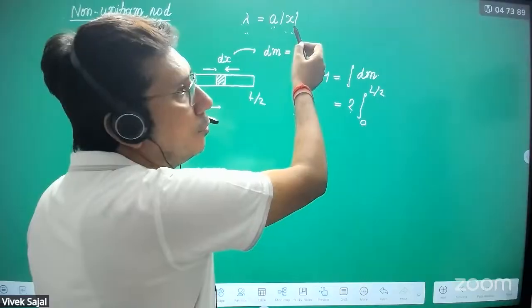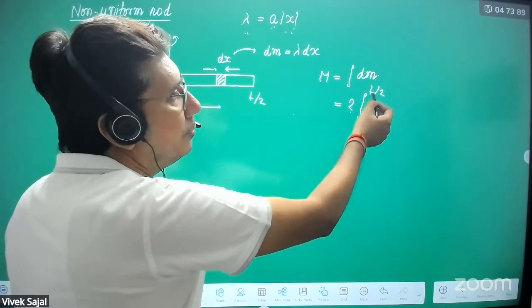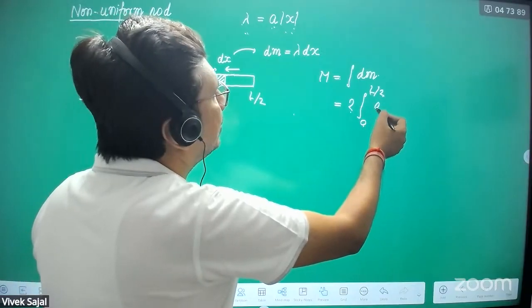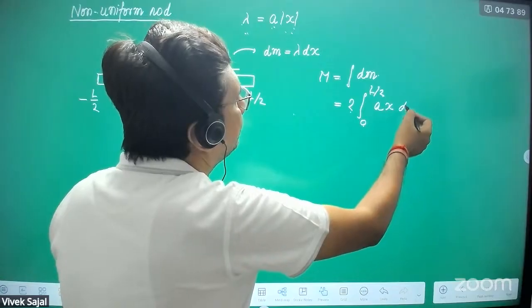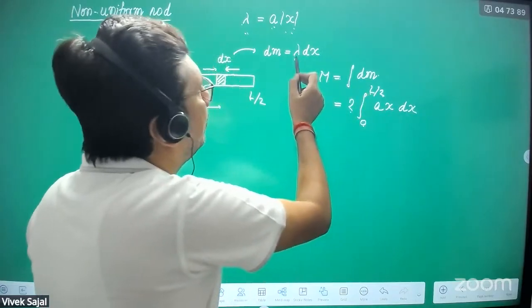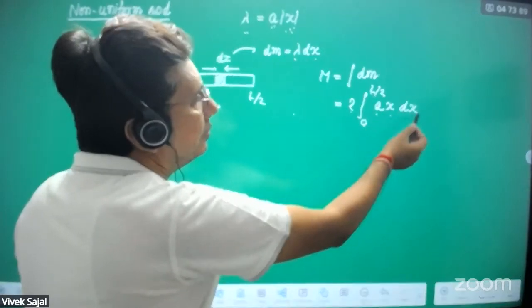Lambda is a mod of x, because you are on the positive side of x, 0 to L by 2. So this will be a times x, and this will be dx. This is lambda into dx. So lambda will be ax. If x is positive, it will be ax into dx.